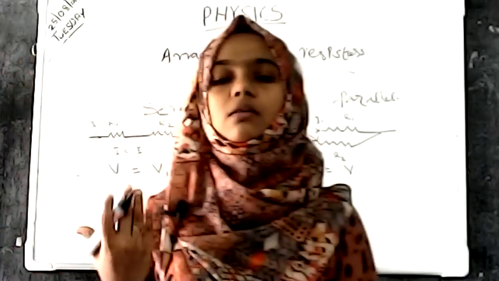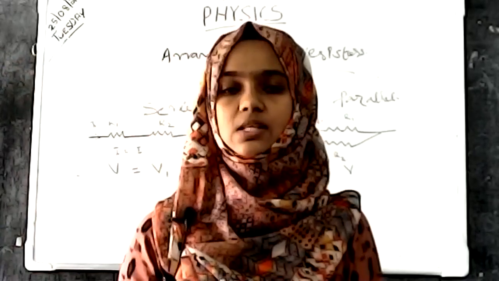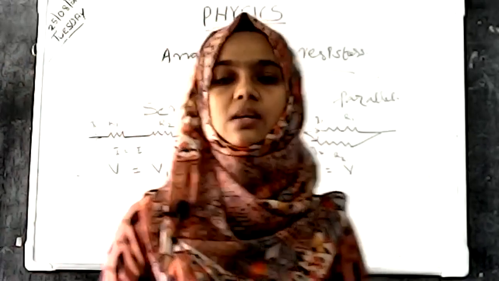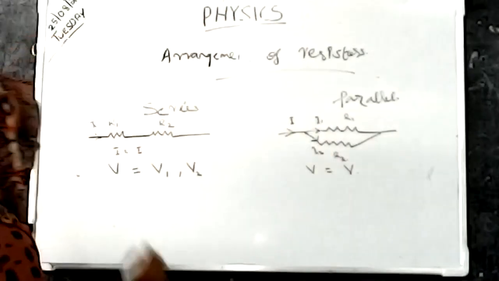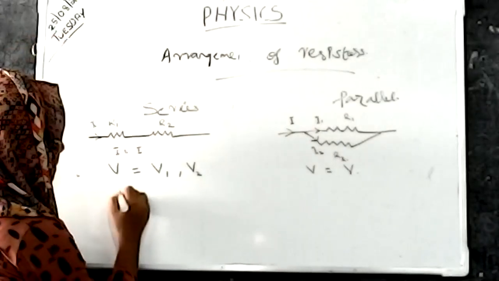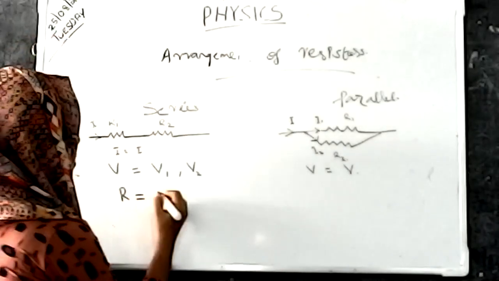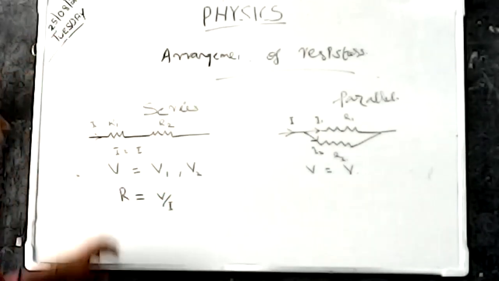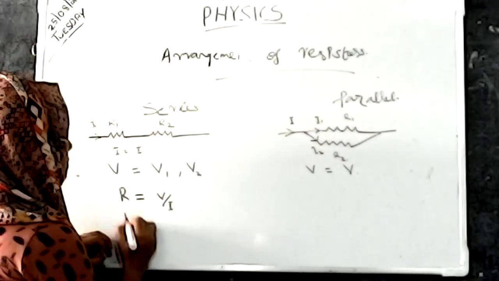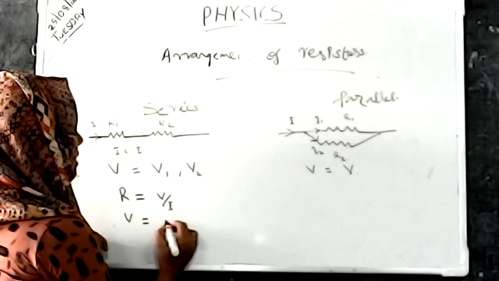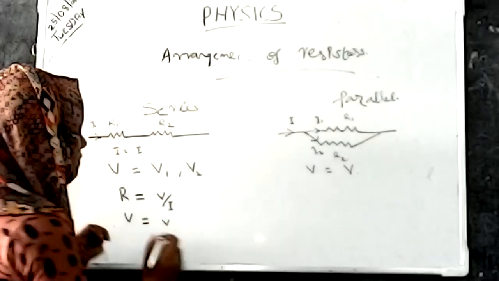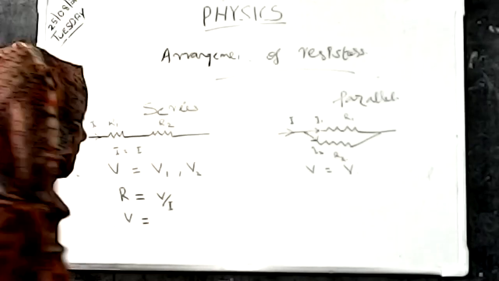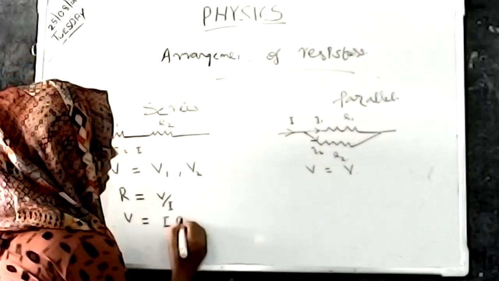For finding the effective resistance of these two connections, we have an equation, R is equal to V by I. And from here we conclude that V is equal to IR.